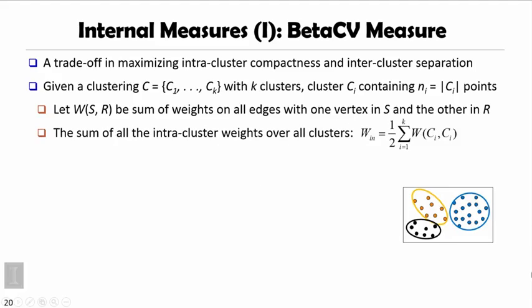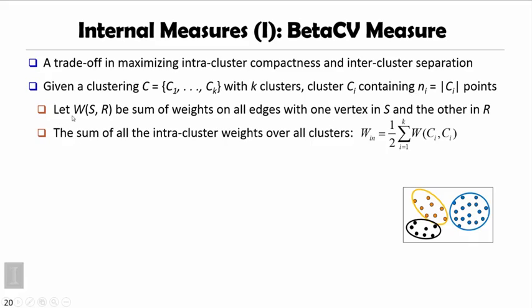So let's look at how we define this. Suppose we are given a clustering C with K clusters, C sub 1 to C sub K. For each cluster C sub i, it contains n sub i points.